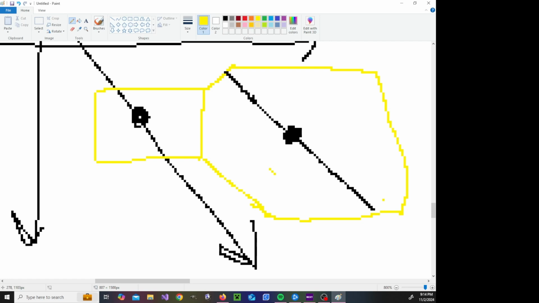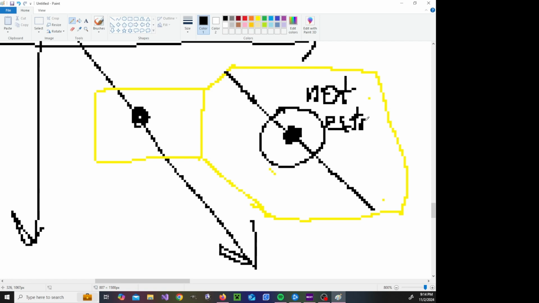Is this point the maximum value in this neighborhood here, not a maximum or a minimum? This is not extrema, and that is the most garbage handwriting that I've ever had. This is not an extreme value.